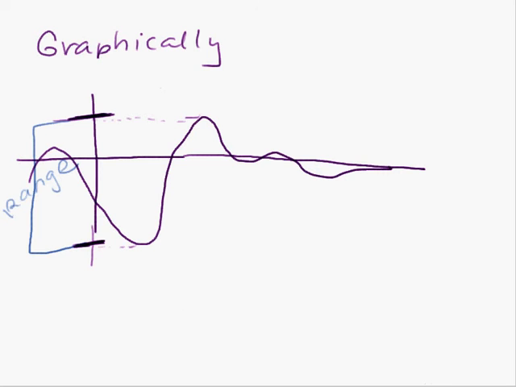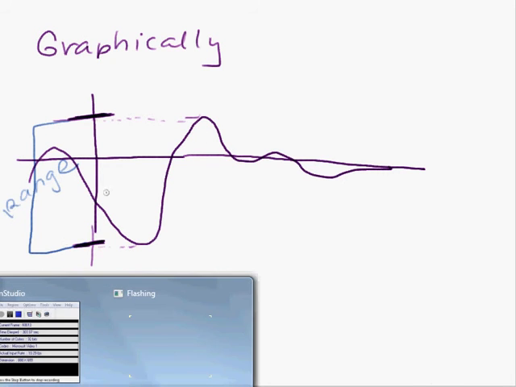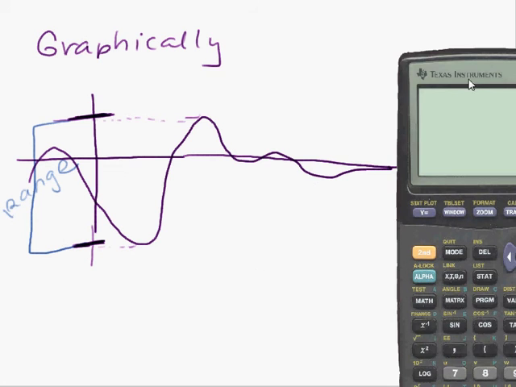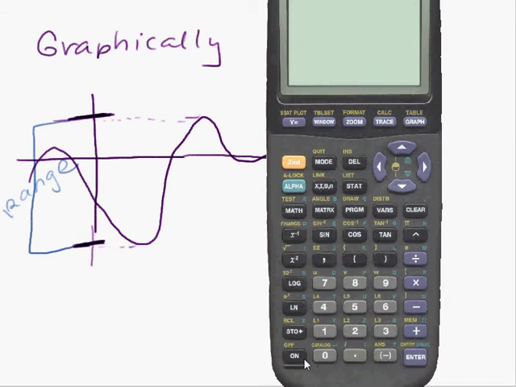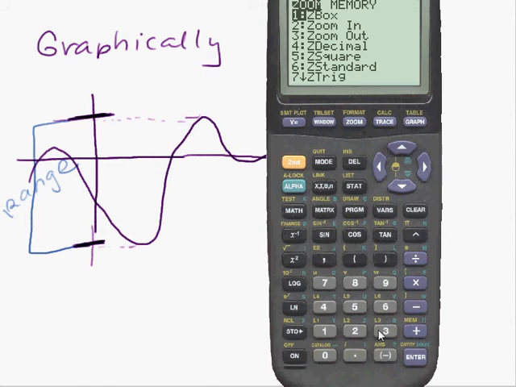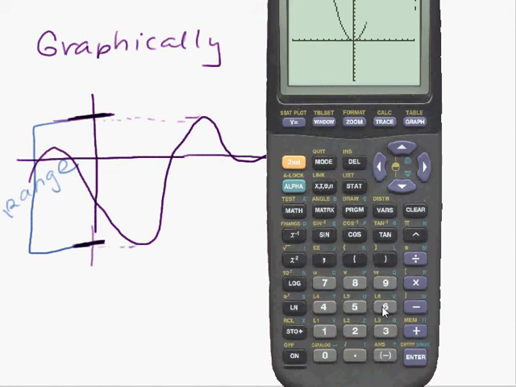Let's look at the graph here. There it is on the standard window. Again, looking at the corresponding values on the y-axis, I start down here at 0, that's the bottom of my range.